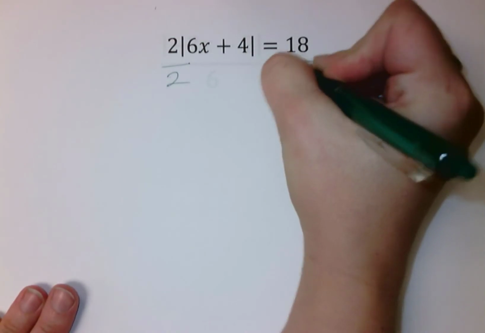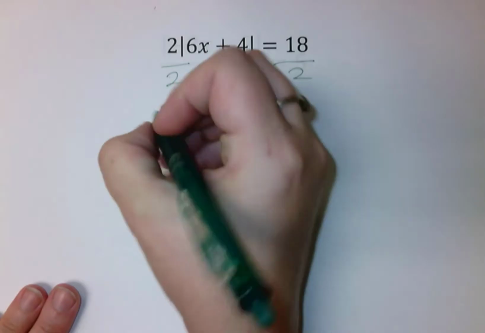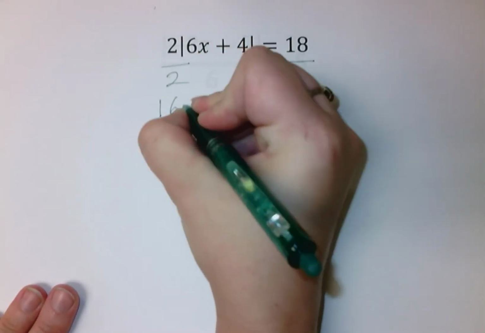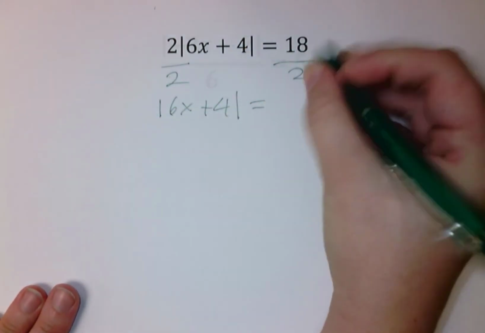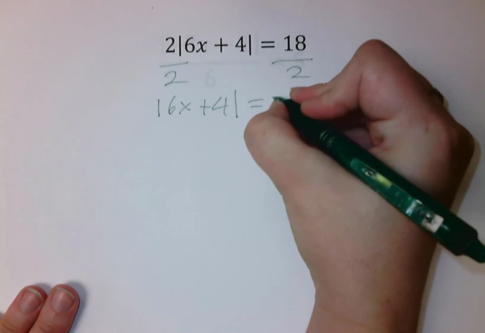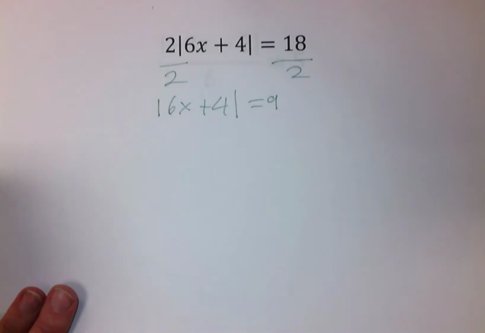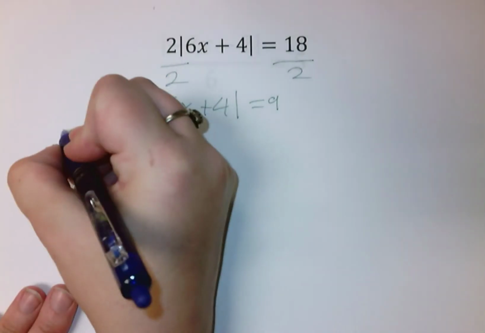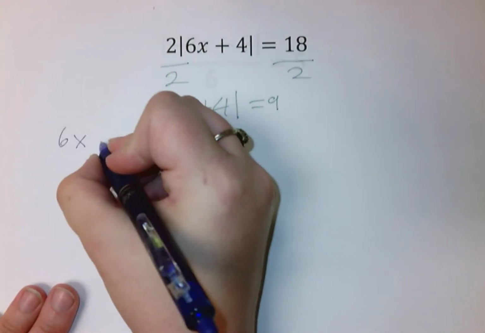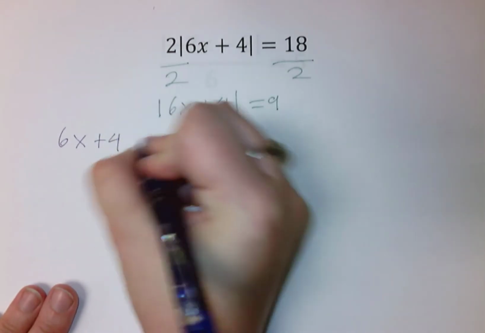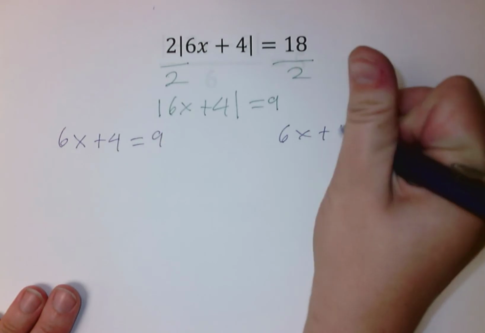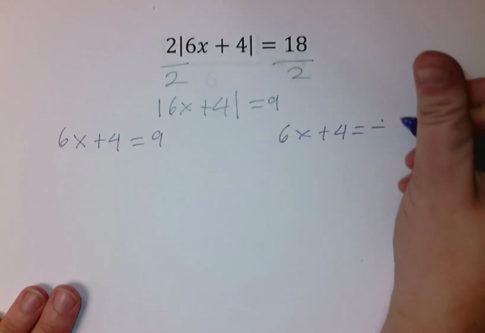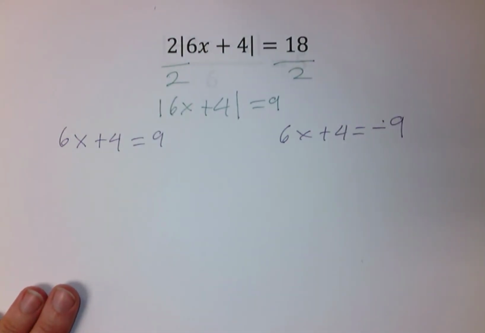So instead of distributing, I'm going to divide, which leaves me with the absolute value of 6x plus 4 is equal to 18 divided by 2 is 9. I can set up my two equations: 6x plus 4 is equal to 9, and 6x plus 4 is equal to negative 9. Remember, I can only set up the two equations once I've isolated the absolute value.